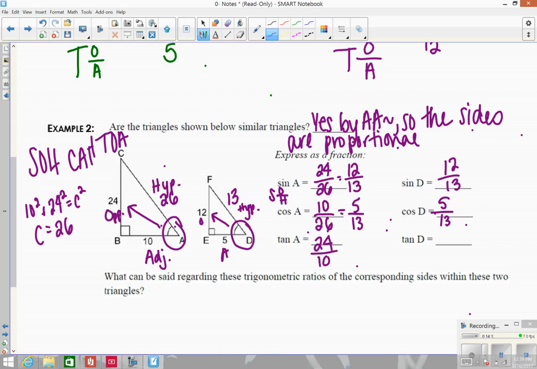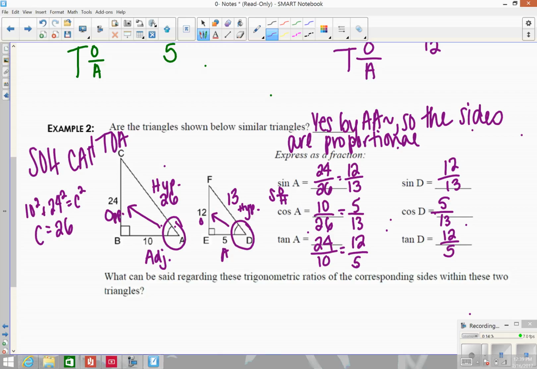If you reduce that down, you end up with 12/5. If you look at tan D, which is opposite over adjacent, it would be 12/5 as well. So in the end, the ratios are the same because the triangles are similar because the angles were congruent.